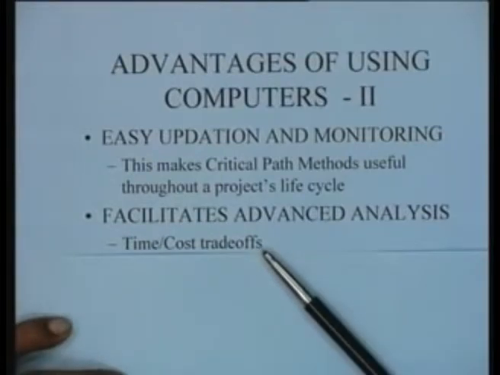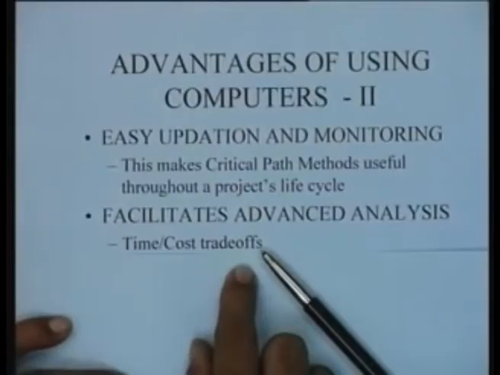Now if time cost trade-off was to be done manually on a large network of 500 activities, and you were asked to use maybe Fulkerson's algorithm or that heuristic algorithm, obviously it would become a very tedious affair. And especially with the heuristic algorithm, there is all the likelihood that you would not be able to pick up the right activities for crashing, and you would not be making the right kinds of decisions for crashing. So with computers available and these algorithms which are there, this kind of thing has now become practical and feasible.